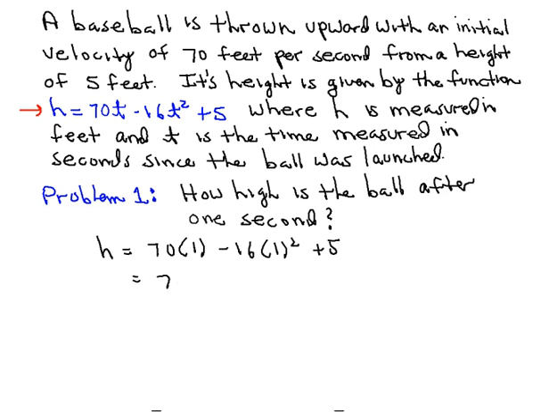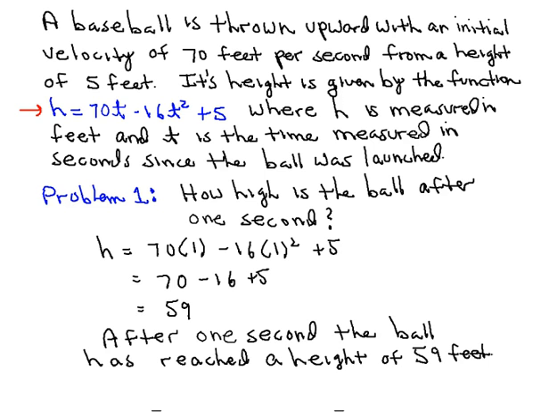And in simplifying, we have 70 minus 16 plus 5, and that will then simplify to 59. So we will next write a sentence answering the question that was posed. And so we can state then that after 1 second, the ball has reached a height of 59 feet.